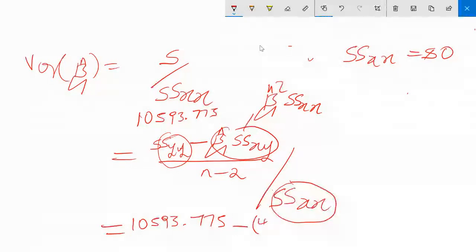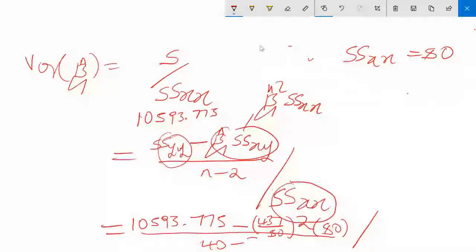And our beta 1 we said is 437 over 80 squared multiplied by 8. We divide this first by 40 minus 2, then we divide this whole thing by 8 again. And what do you get? If you don't understand, feel free to ask.